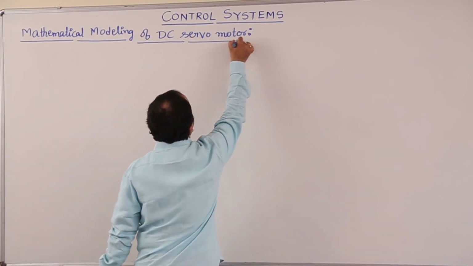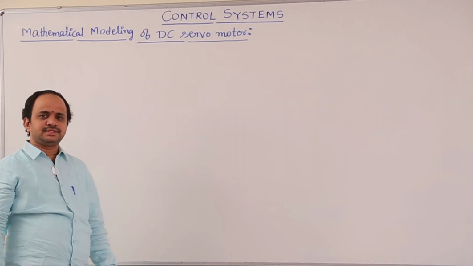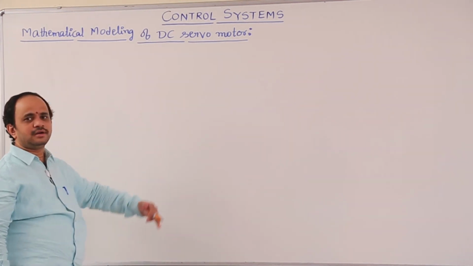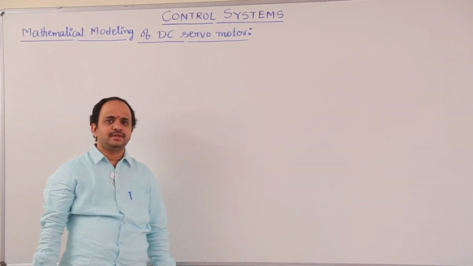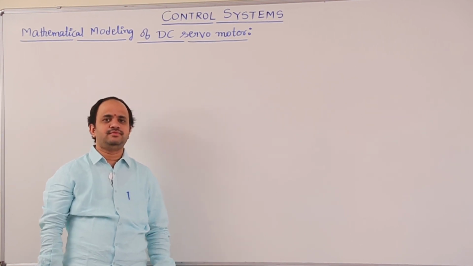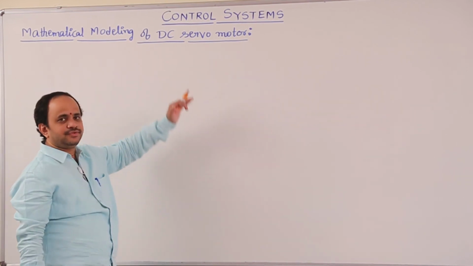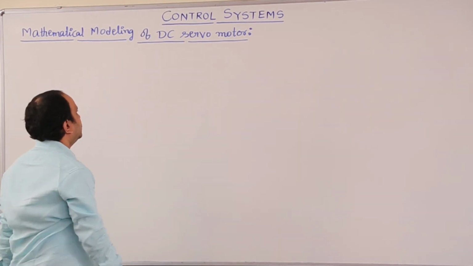So, with this concept, we would like to see what are the basic steps in developing a transfer function of one physical system. For that, I am taking DC servo motor.